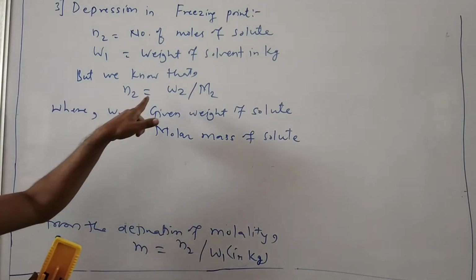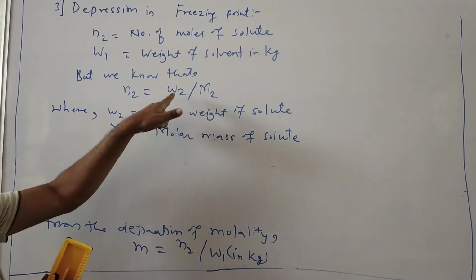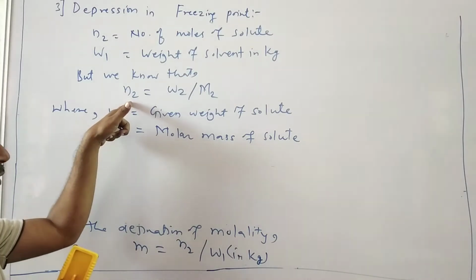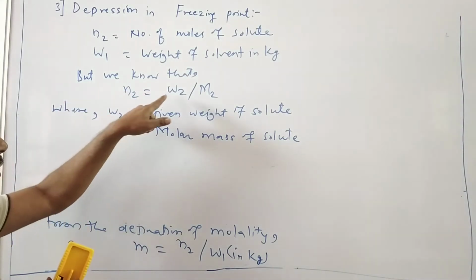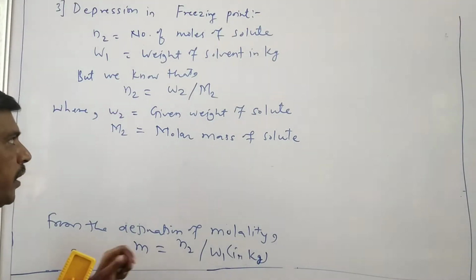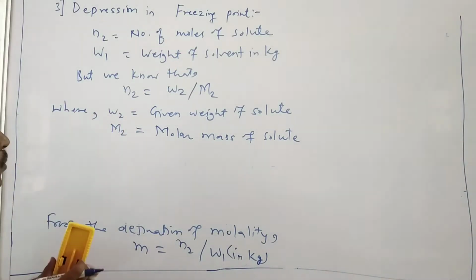So this is the ratio to get the number of moles of solute. How do we calculate it? The given weight of solute divided by its molar mass, then we get the number of moles of solute.